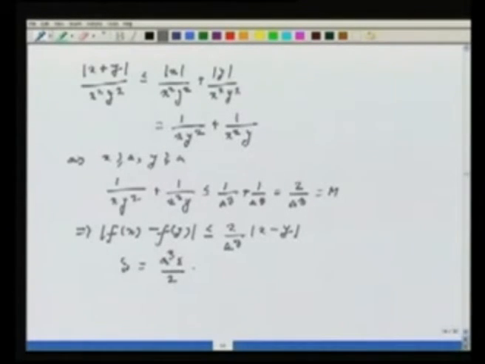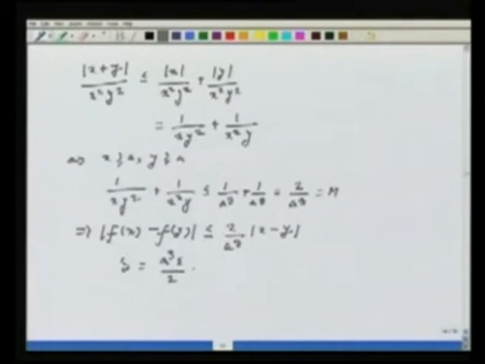See, delta depends just on epsilon, not on the points, but certainly it depends on the set. Notice that if I had taken my a to be equal to 0, that was (0, infinity) which I wanted to work with, then my delta will be 0. So close to 0 I have got a problem, but away from 0, if the function is defined for x bigger than or equal to a, then it quickly becomes uniformly continuous.